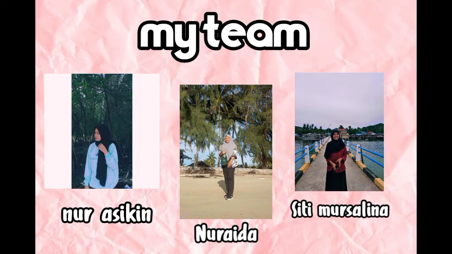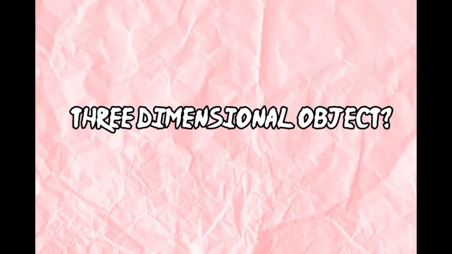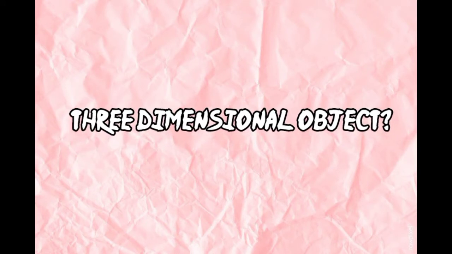We will present about three-dimensional objects. Three-dimensional objects have length, width, and depth or height. By their nature, they have an inside and outside part, separated by a surface or flat figure or plane.